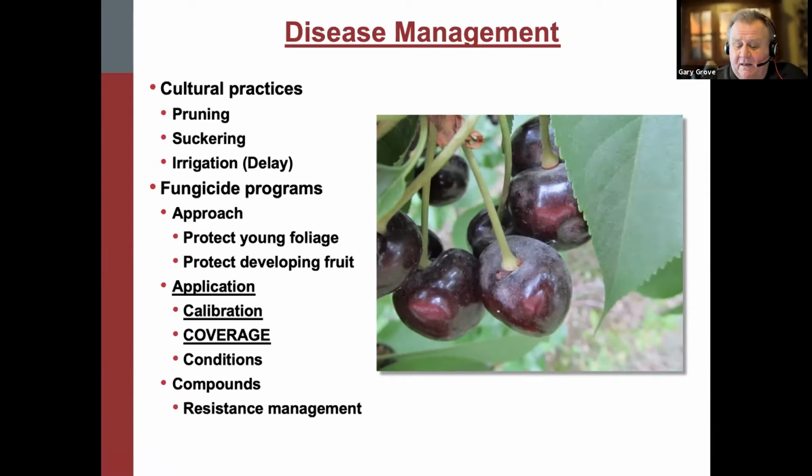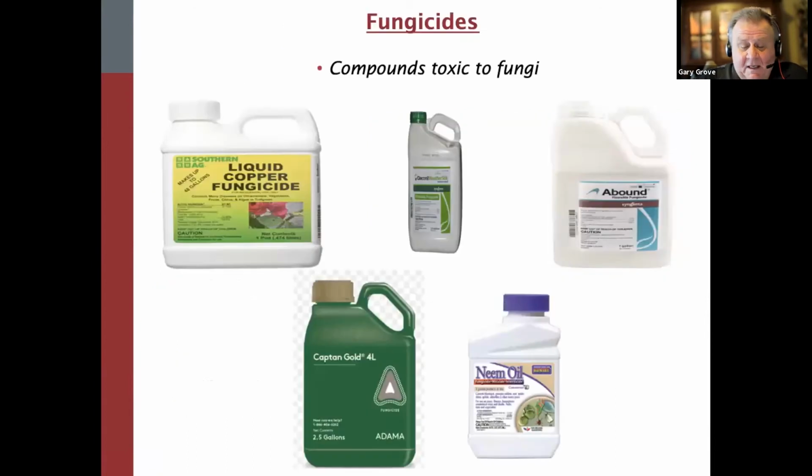And then of our available compounds, resistance management. And by and large, our industry's done a really good job of resistance management over the years. We started using resistance-prone compounds back in 1988, and we have a pretty serious resistance problem right now.